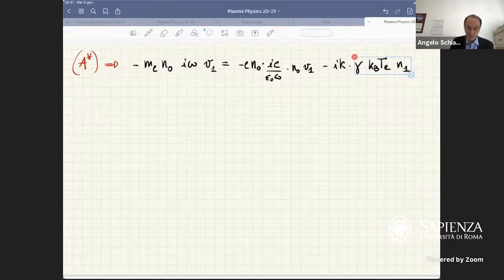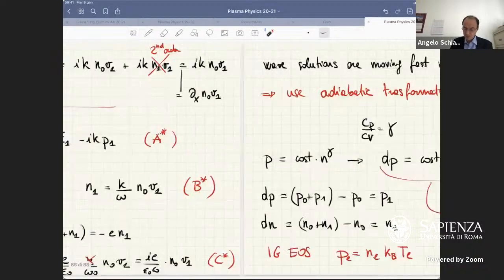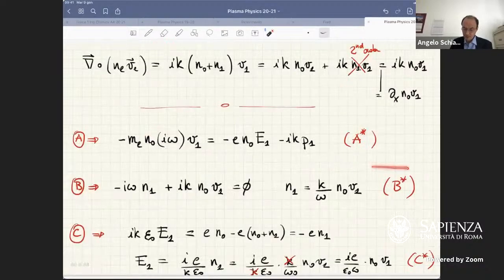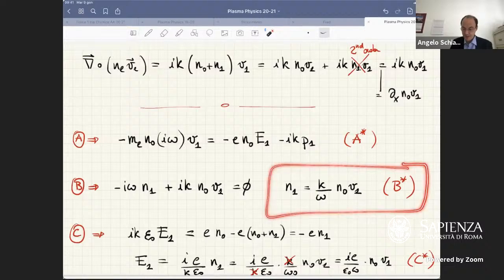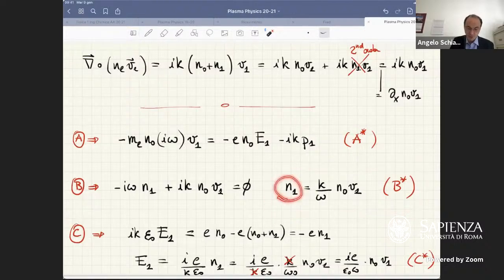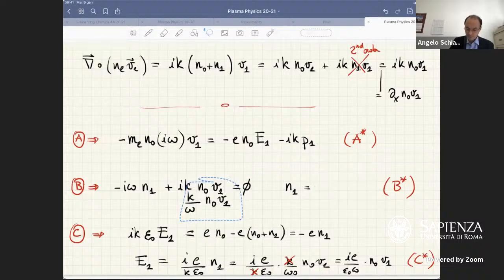There's a bit missing. You see here that we have V1 here, V1 here, but we have n1 here. So we have now to use the B star relation, this one here, which tells us the relation between the perturbation in density and the velocity. So we take this one, copy and paste it at the end here.